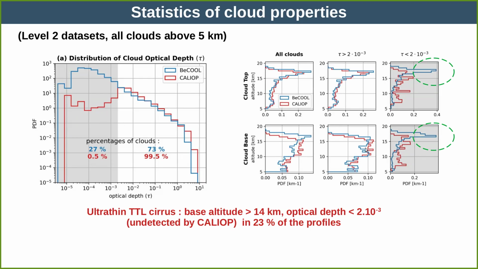And so those ultra-thin TTL cirrus, which have a base altitude above 14 kilometers and an optical depth below 2 times 10 to the minus 3, are detected in 23% of the profiles, which is about 1 profile in 4. So it really changes the way we see the cloud coverage, and it's a significant amount of clouds that are not detected by CALIOP.